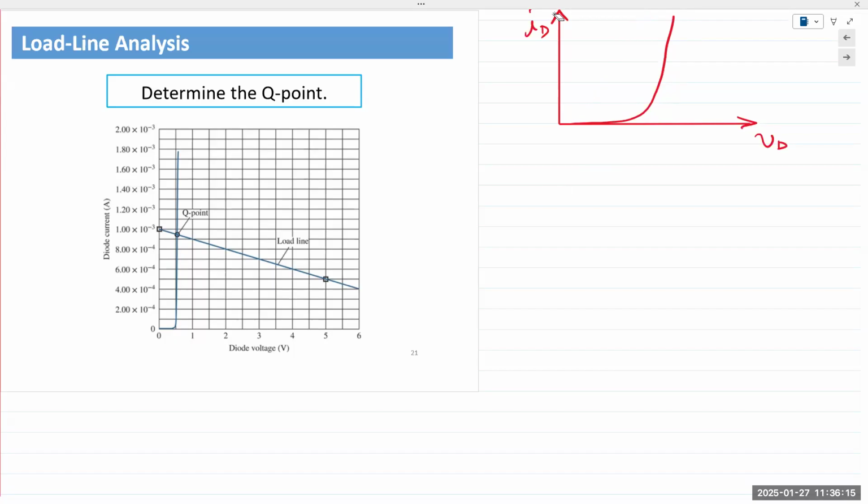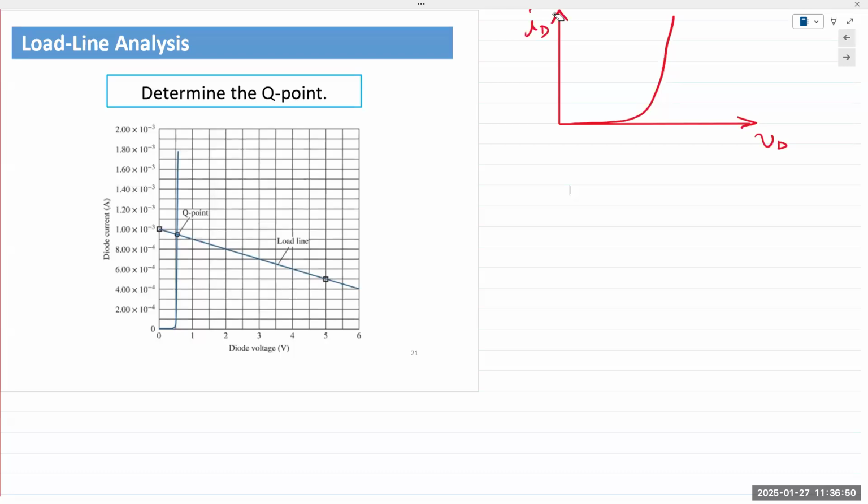Okay, and if we plot the voltage and current for that external circuit, we obtain what is known as a load line. Again, we have a nonlinear device, the diode, and a circuit that is comprised of linear elements. So the diode is nonlinear, but apart from the diode, everything else in the circuit is linear, meaning the external circuit can be described by a standard linear line.